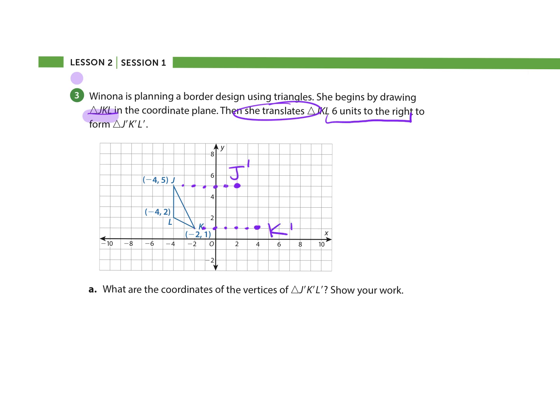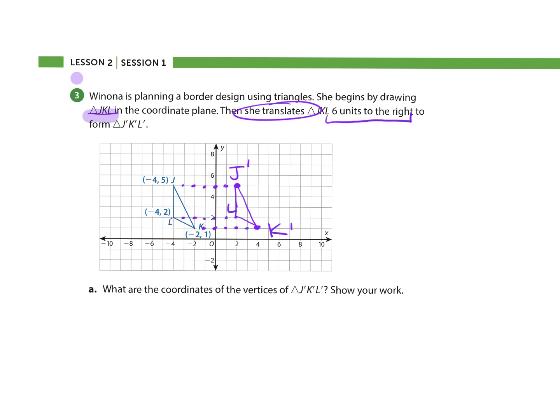This is K prime. And then L. 1, 2, 3, 4, 5, 6. This is L prime. So yours are going to be perfect. Mine is going to be good enough because I can't use a protractor. So there's our new triangle. Translated 6 to the right.